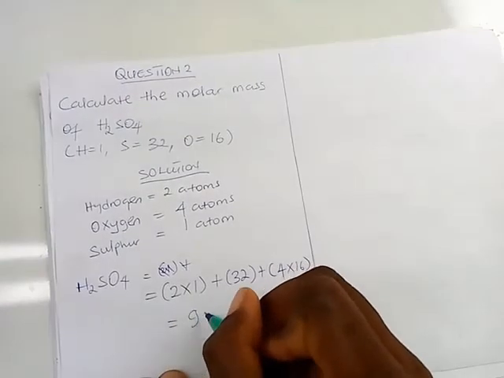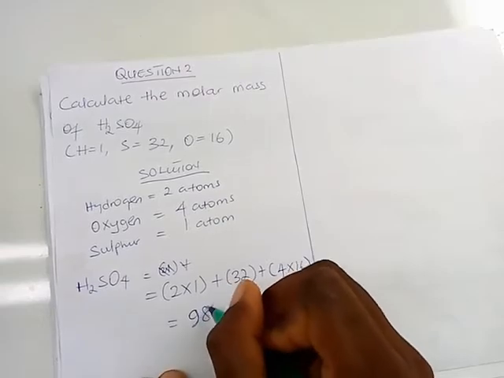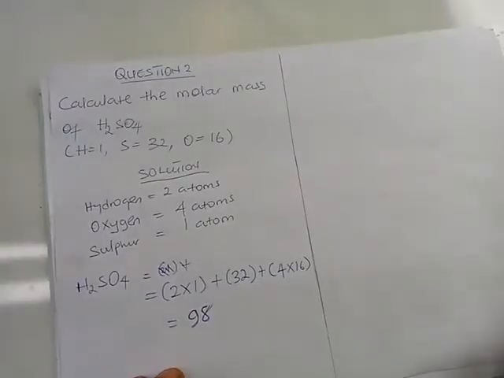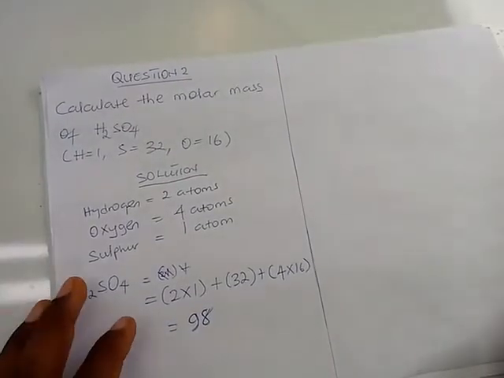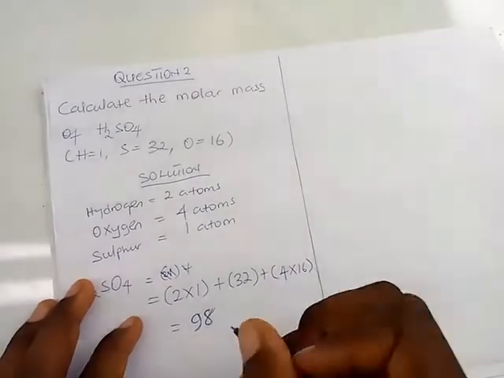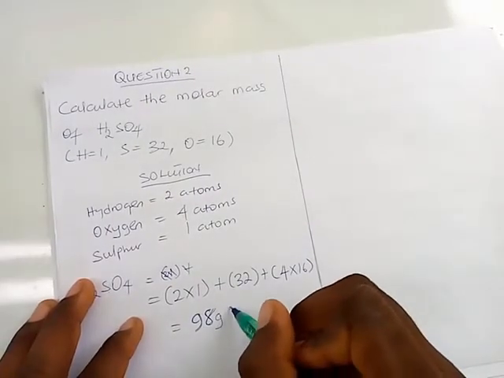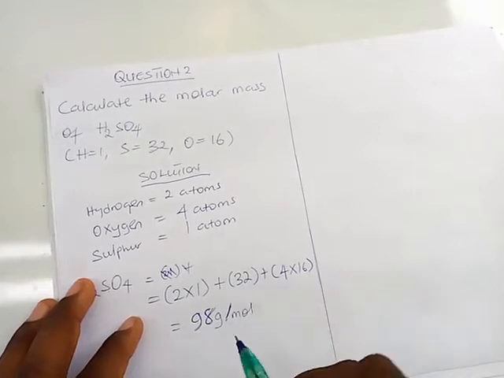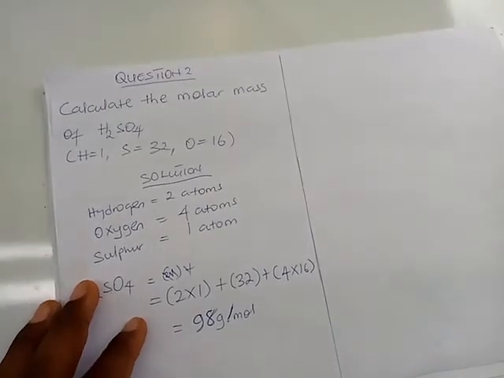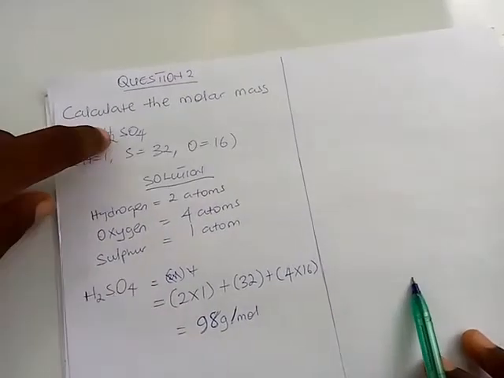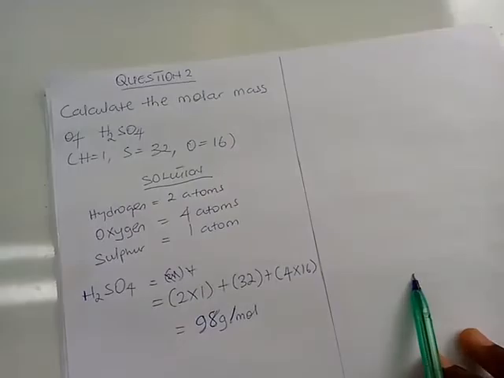That will give me 98. And remember, what we're asked to find is the mass of 1 mole. So that's 98 grams per mole. What this means is that 1 mole of this substance, of this acid, contains 98 grams.